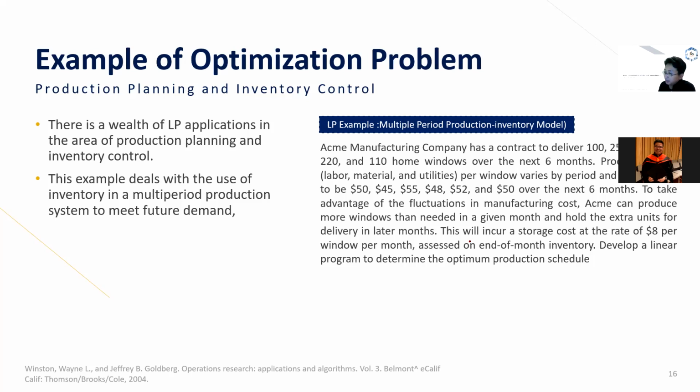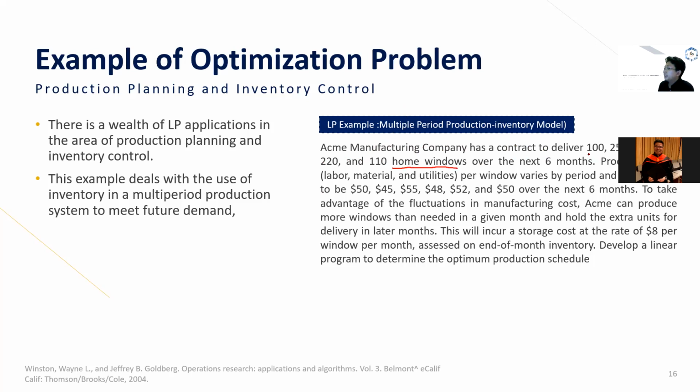So let's say we have an example company named Acme Manufacturing Company. It has a contract to deliver, over 6-month periods, their product called Windows that is used in homes.